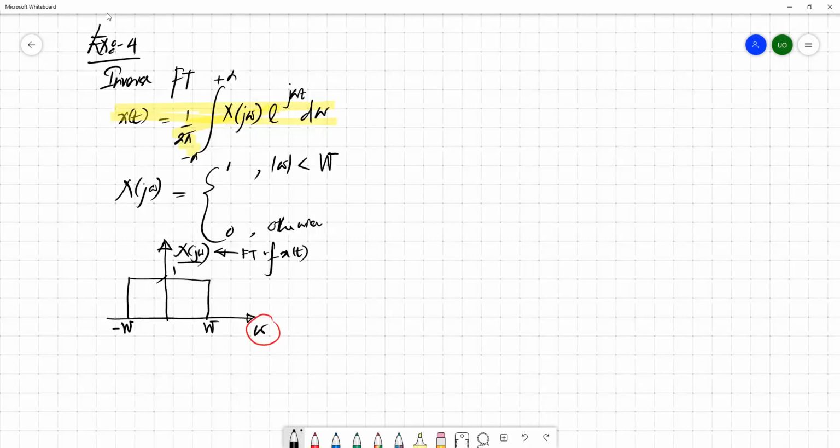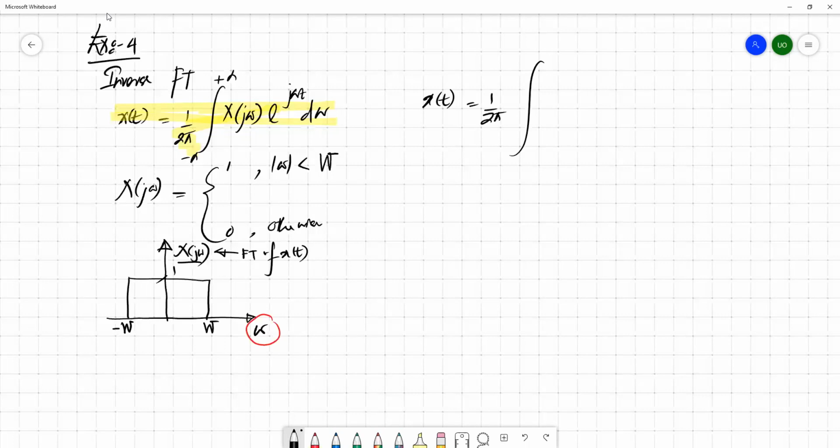Now you are asked to evaluate x(t), which is a time domain quantity. So you just plug it in here. x(t) equals 1/2 pi times the integral from minus infinity to plus infinity.